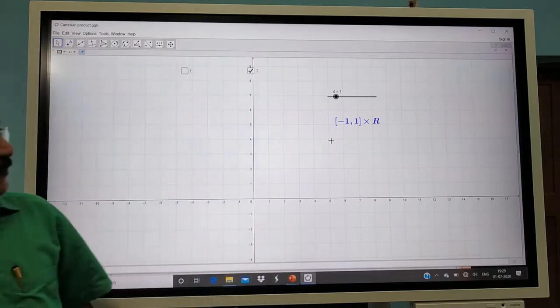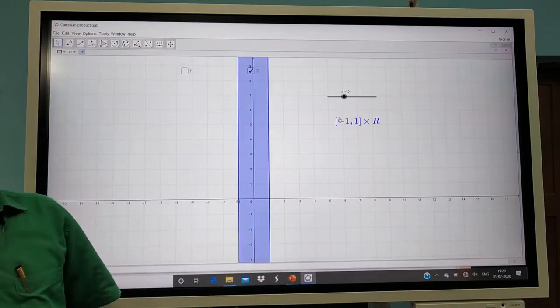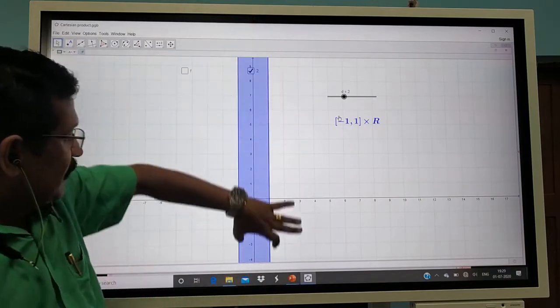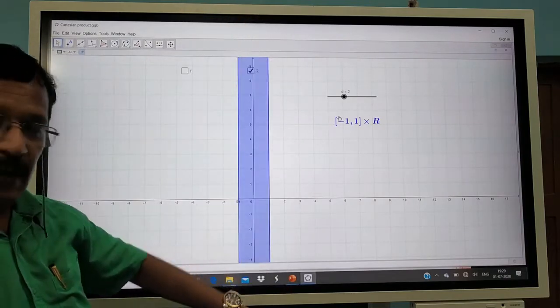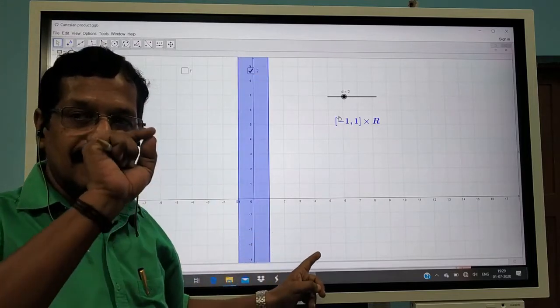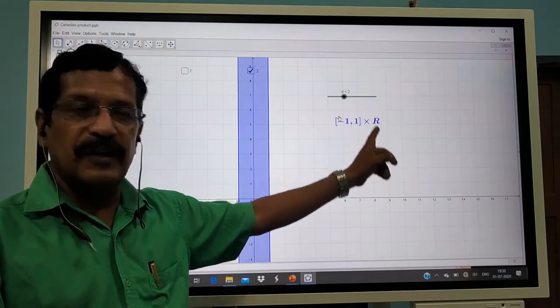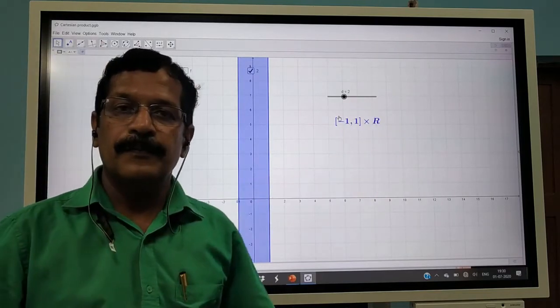Let us see. It is this strip. In this blue strip, all the points are points of the set [-1, 1] cross R.